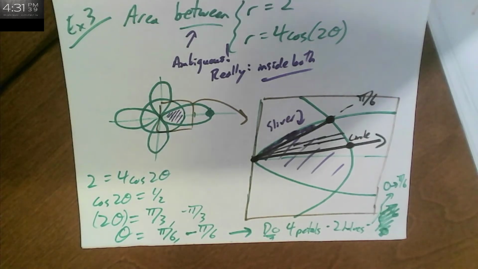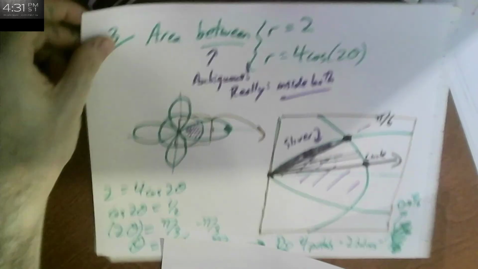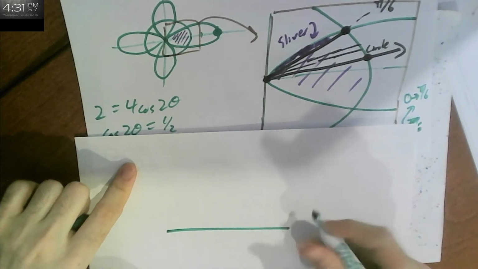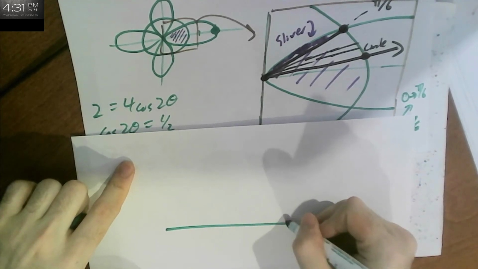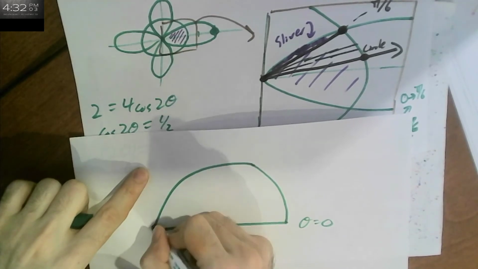Here is why the stop and think stage and the draw radii stage are so vitally important. I was getting more paper, by the way, that's why the volume got quiet for a sec. I'm going to draw this again and exaggerate, okay? We have theta is 0, and we have a circle to here, and then we have a rose to here.